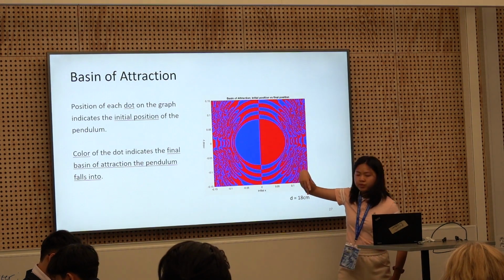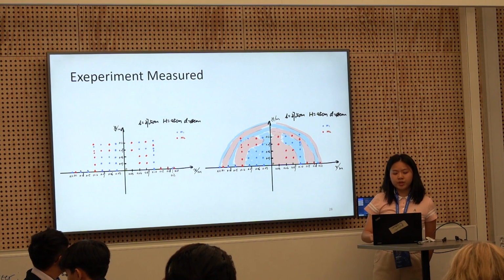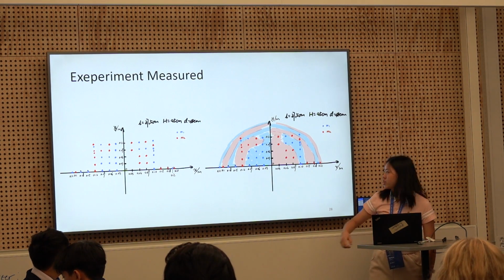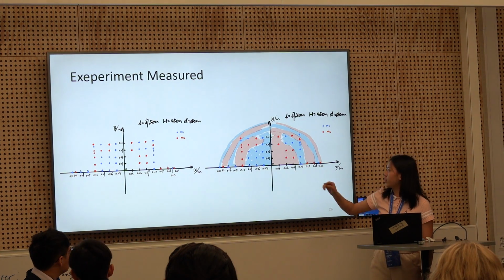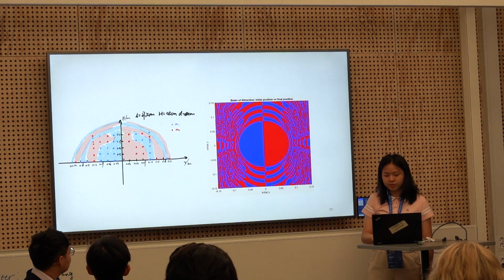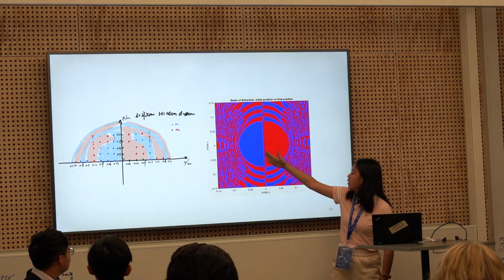Blue is the left one, red is the right one. We used experiment to measure the basin of attraction by measuring different initial positions and seeing the final positions, and it matches pretty well with the theoretical data.